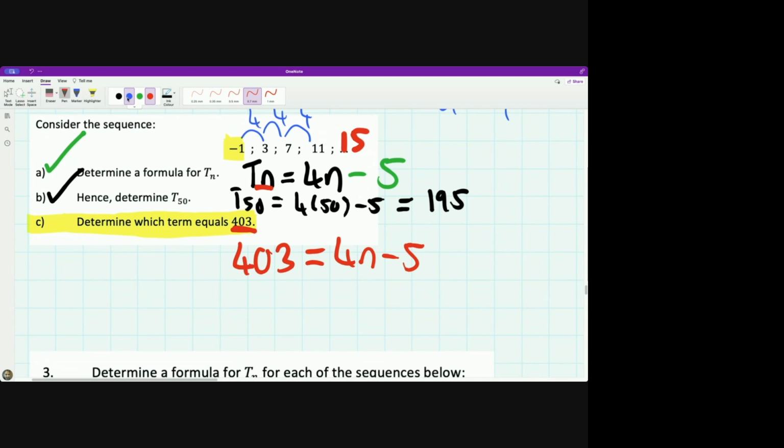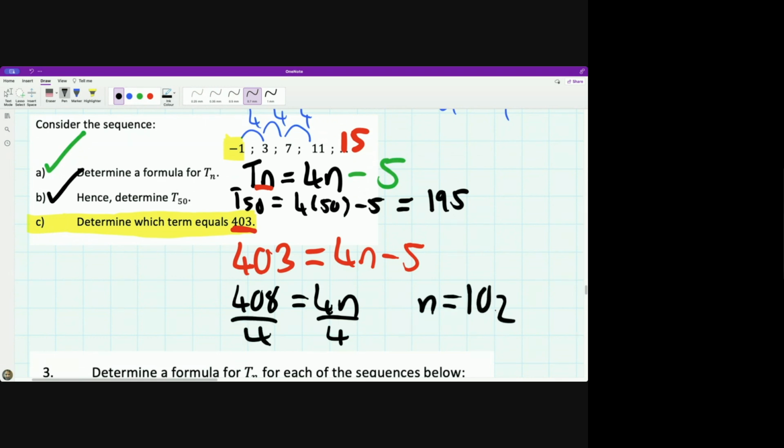So now I'm going to add 5 to both sides, and I get 408 is 4n. And then I'm going to divide both sides by 4, and I get n is 102, which means that 403 is term number 102.